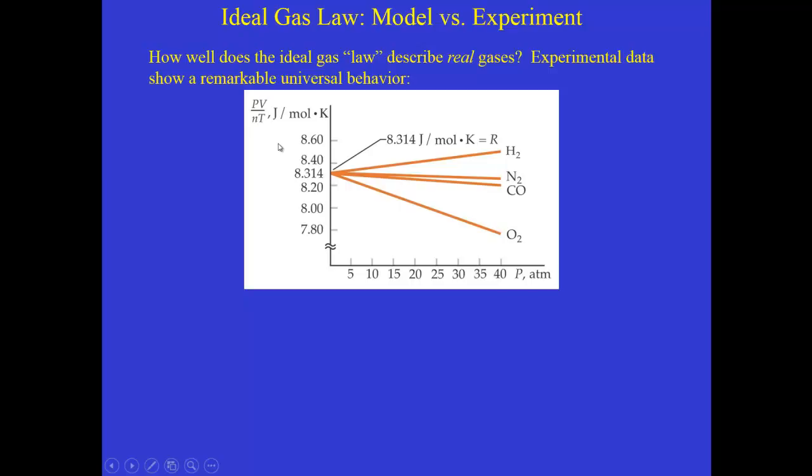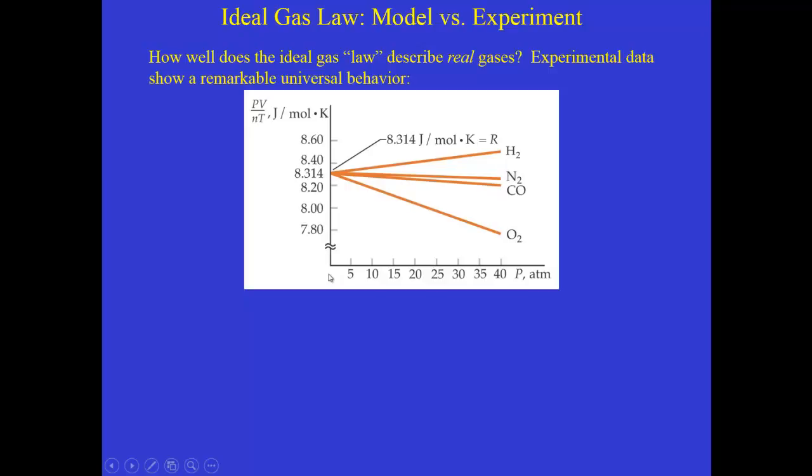If we measure this quantity, pressure times volume, over the number of moles times the temperature for a particular gas, and if that gas has a pressure that varies, so this is plotting pressure in the unit of atmospheres, then it turns out that at very low pressures, all gases, although they follow their own individual curves on this graph, they all intersect.